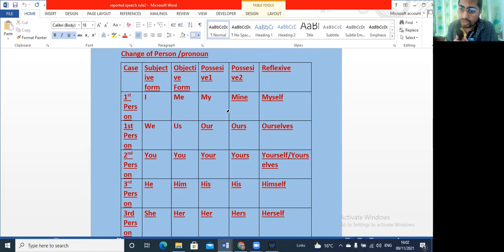Similarly, the plural of I in first person is we. What is the objective form of we? Us. What is the subjective possessive case? Our. What is the objective possessive case? Ours.